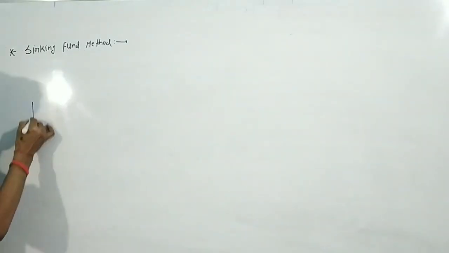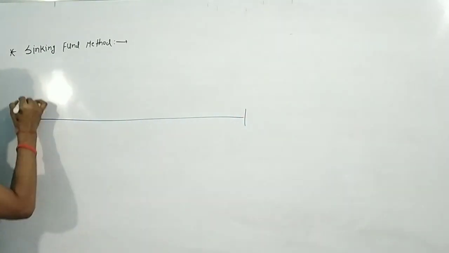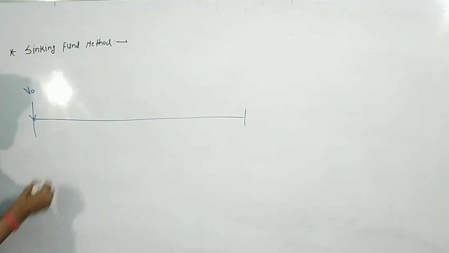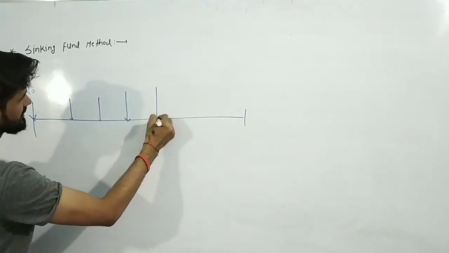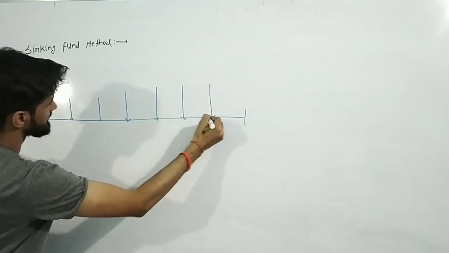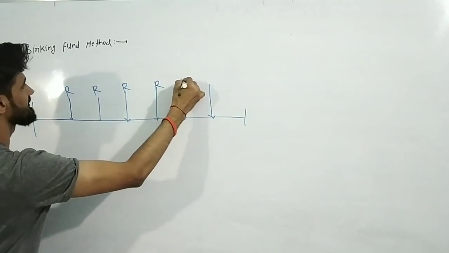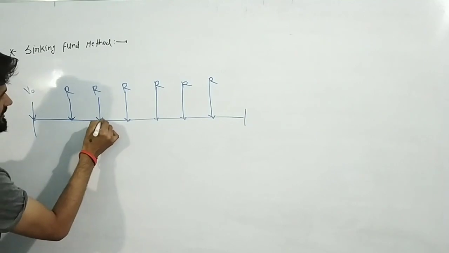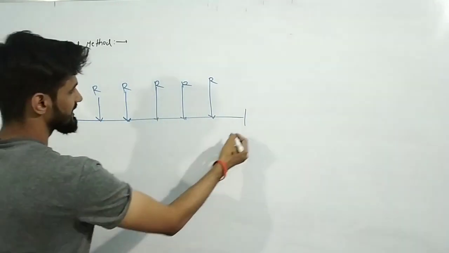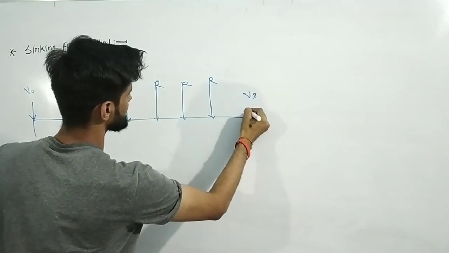So how will it work, just understand one thing. If there is an asset having an initial value, where you invest V0 amount of rupees, and each and every year there is a cash flow of R. This will follow the annuity concept, and this will be an equal uniform cash flow, a series of cash flow each and every year, up to n years.